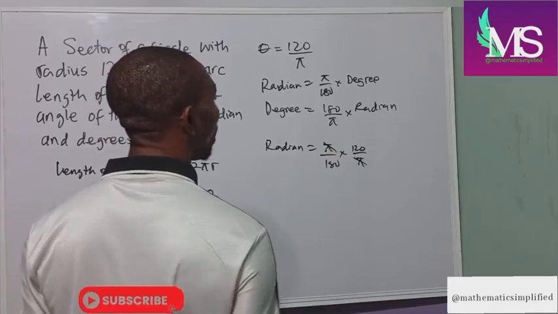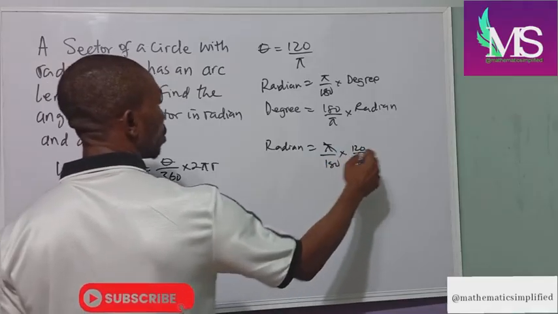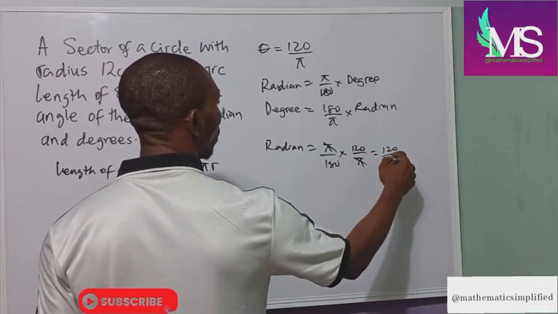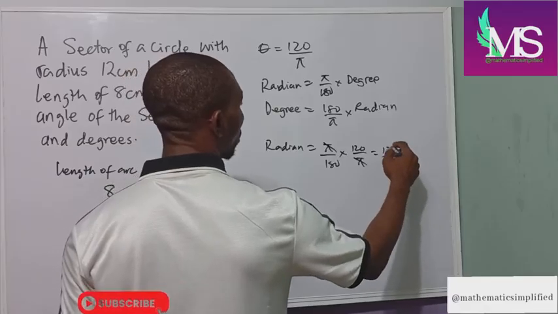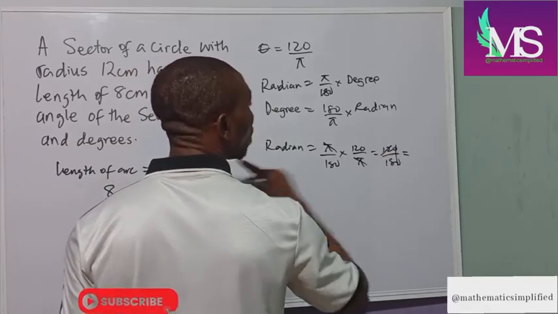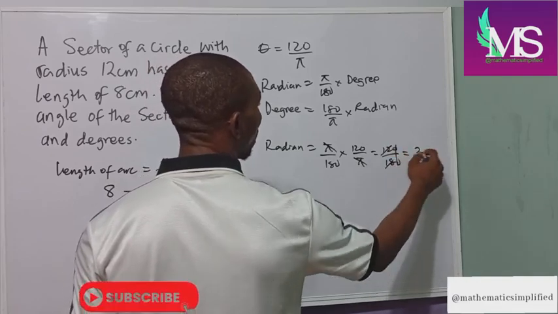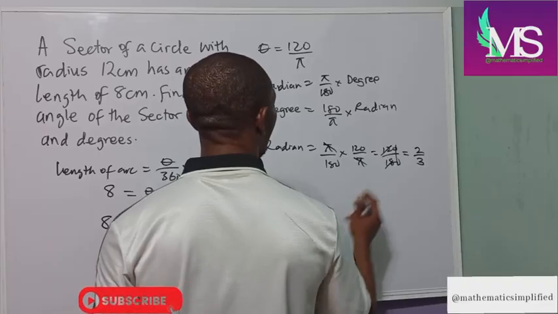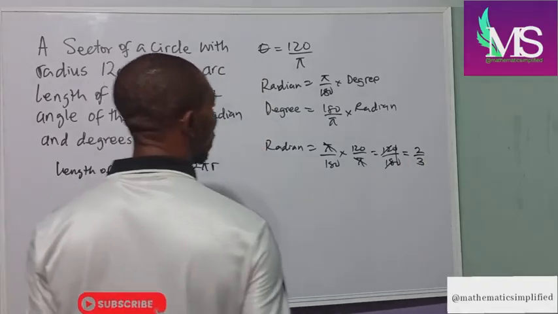Pi cancels pi, which will now give us 120 over 180, which simplifies to 2 over 3 radian.